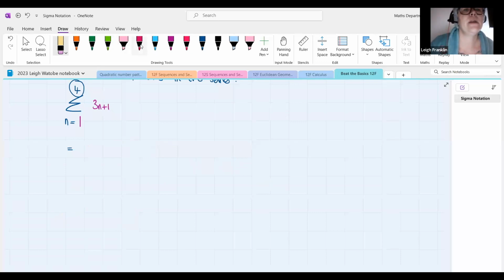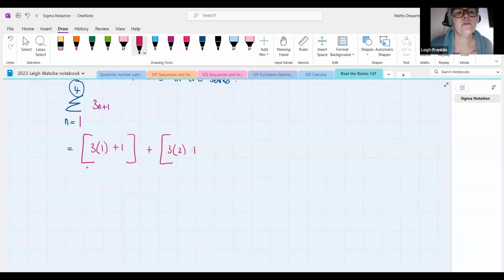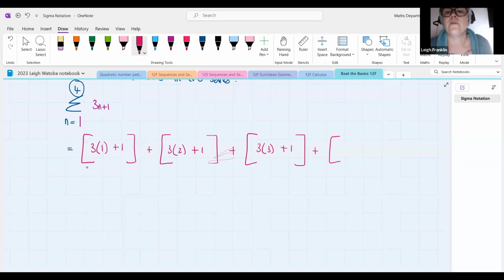Now we would create the first term by subbing in 1. We would create the second term of the series by subbing in 2. We would create the third term of the series by subbing in 3. And we would create the last term of the pattern by subbing in 4. Now there are 4 terms in the pattern.